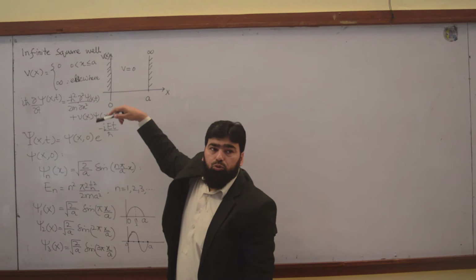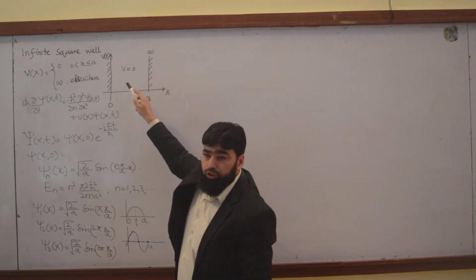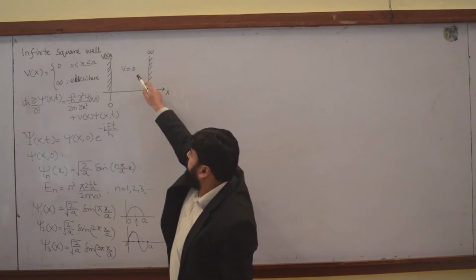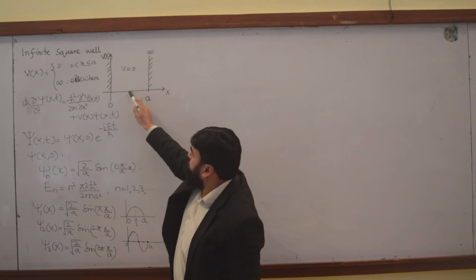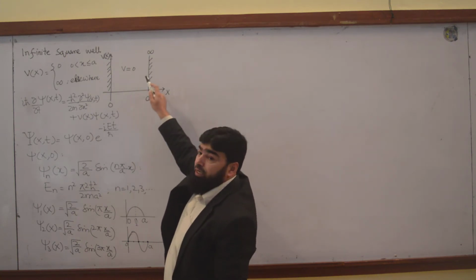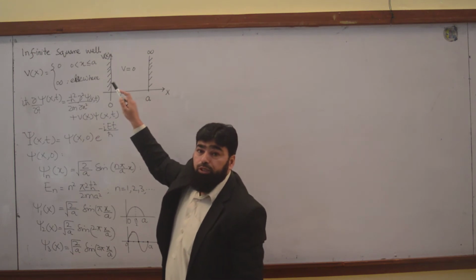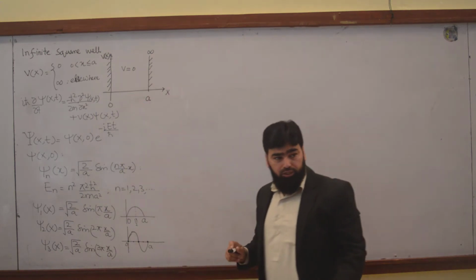This was understood earlier when we were just considering the situation. But in this geometry, by doing our mathematics, we came to know that there are certain points for a certain level where the probability will also be 0. The particle will not exist at a certain point in a certain state.